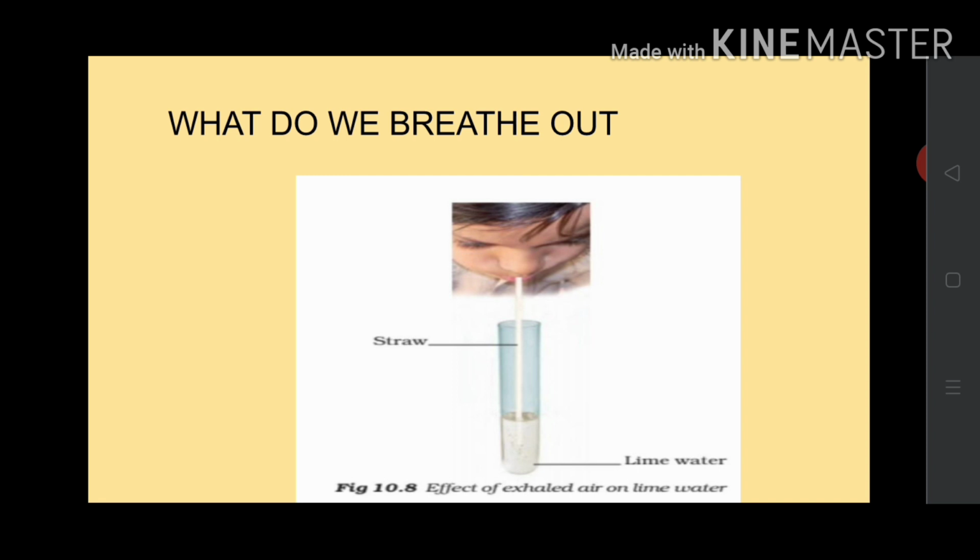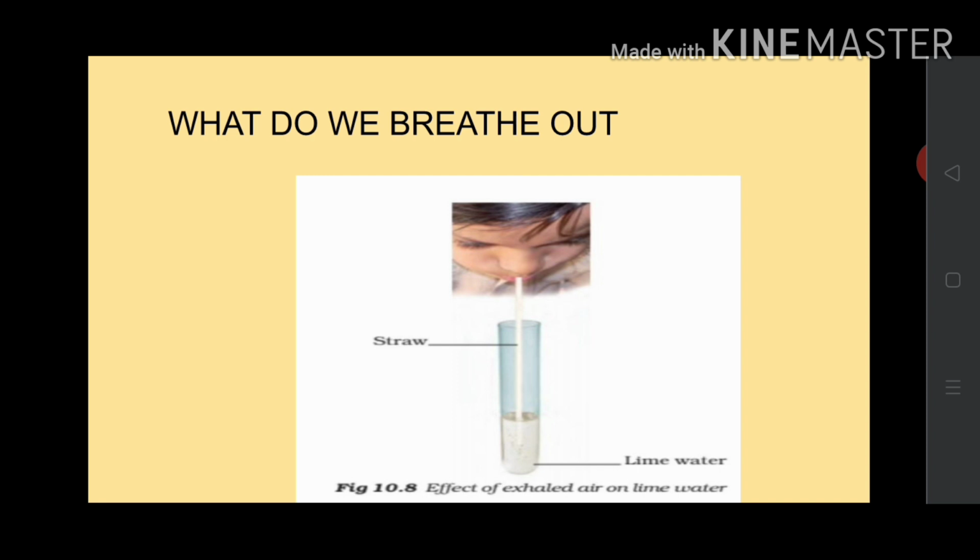This gas, when it reacts with the lime water, changes the lime water into milky. Actually, this gas is carbon dioxide. When carbon dioxide reacts with the lime water, it turns the lime water milky. It is a standard test for carbon dioxide.